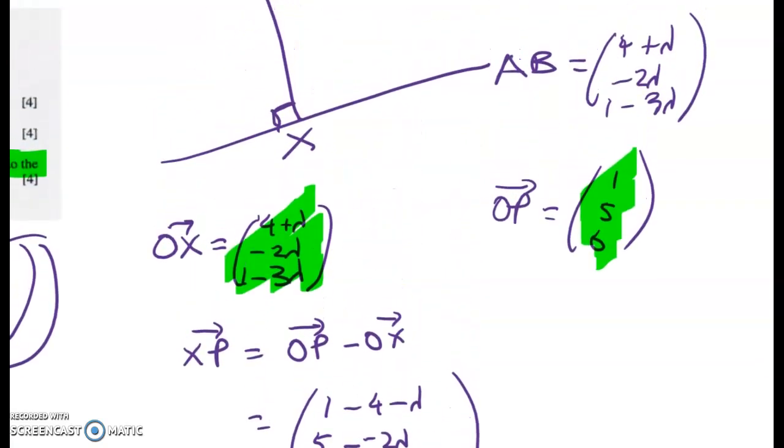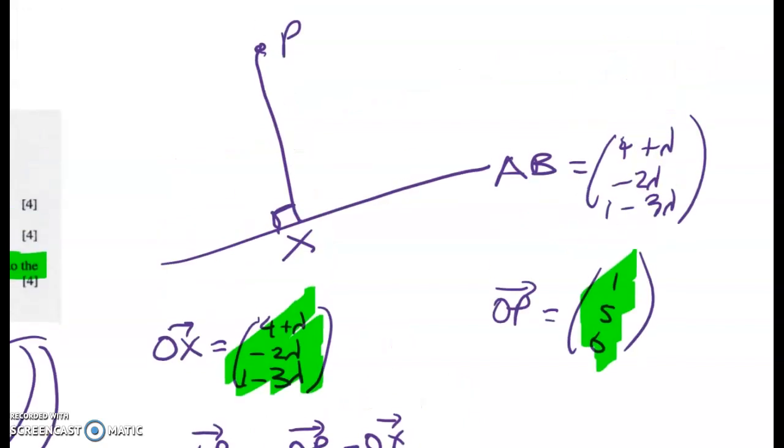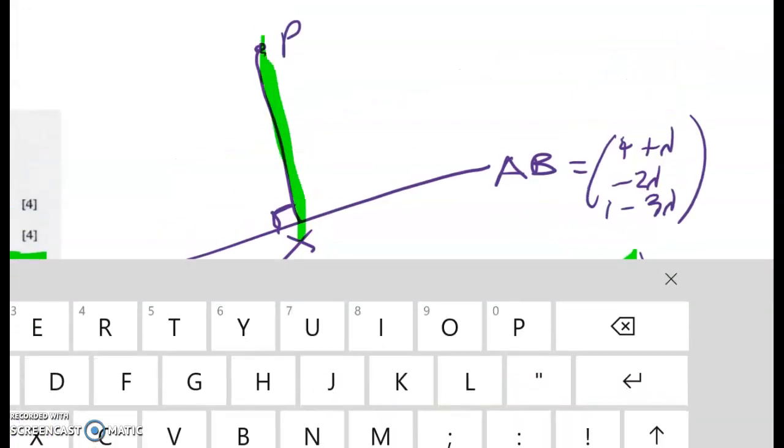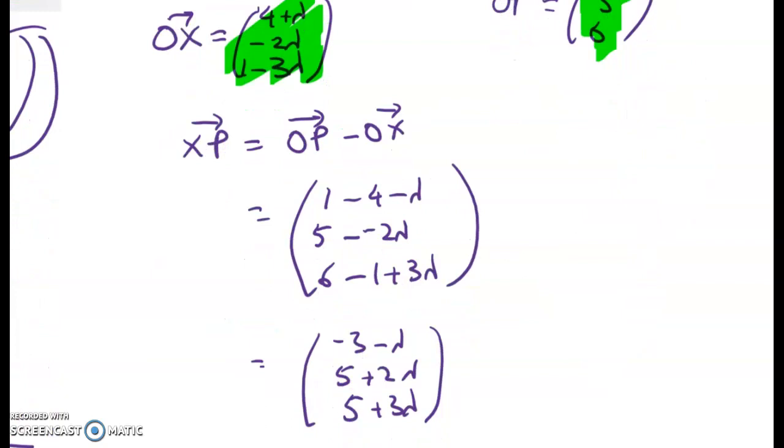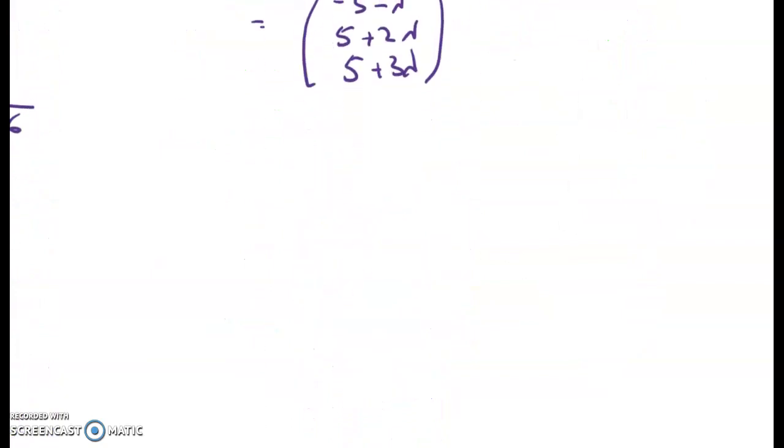And what we've got now is the vector for this, and we know the direction vector of the line. So if they're perpendicular, we have to have cos of theta equal to 90. Right, so we're trying to find the value of lambda now.